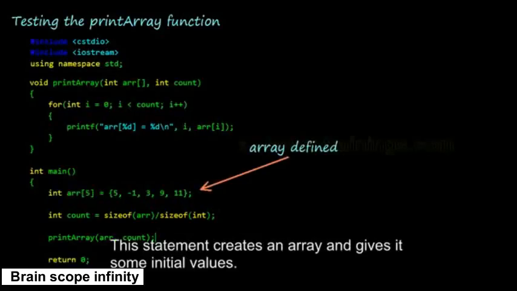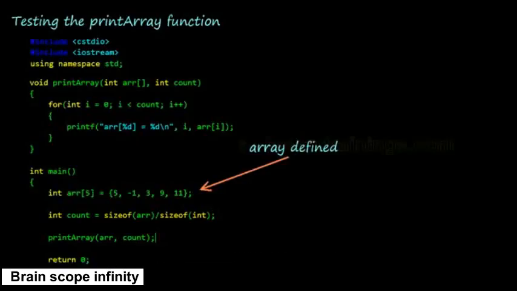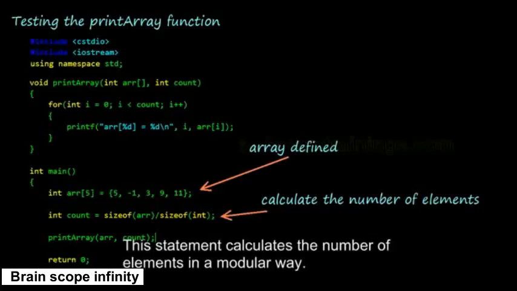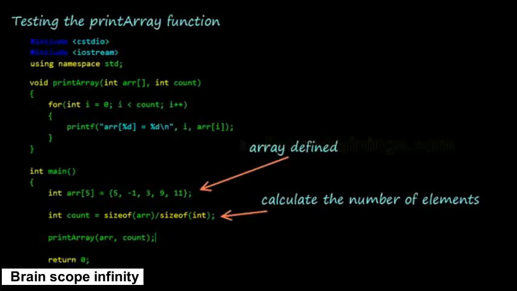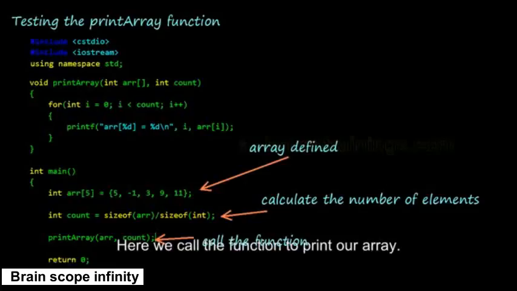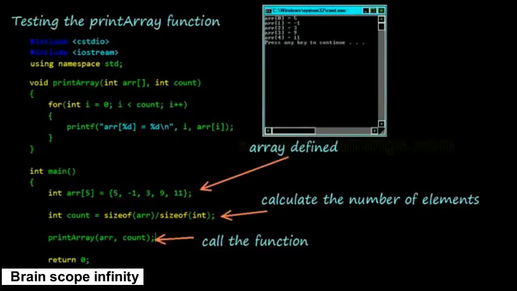This statement creates an array and gives it some initial values. This statement calculates the number of elements in a modular way. Here we call the function to print our array. This is the output of our program so far.